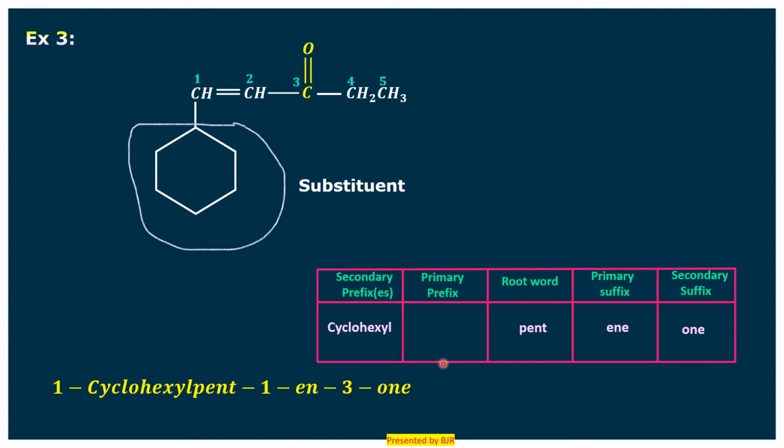Here the terminal e of the primary suffix is dropped. Why? Because it is followed by a suffix beginning with o.